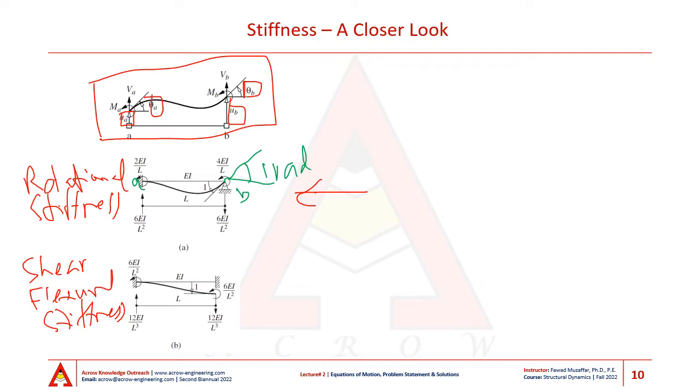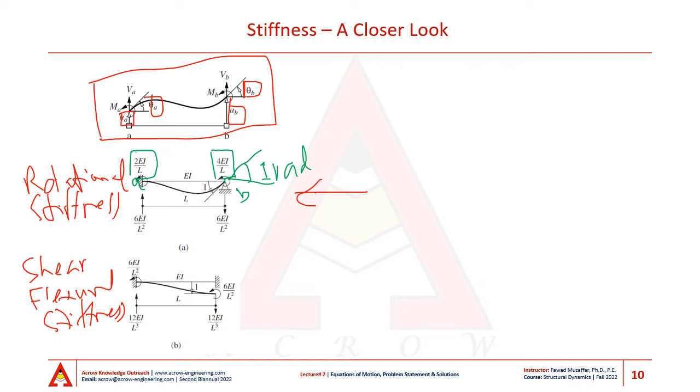Now, when we solve for this deformed shape, we find that when we apply a moment of 4EI over L at B to get 1 radian of rotation at node B, we have to apply a moment of 2EI over L at node A.